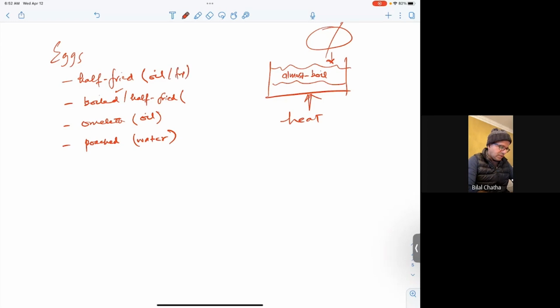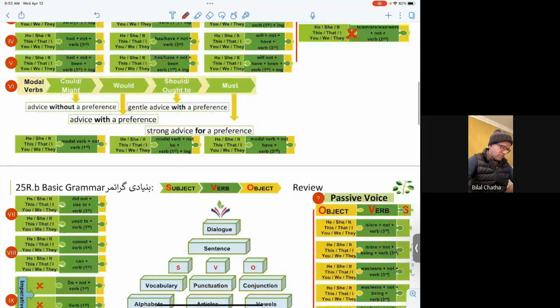So the mediums so far we have oil and water in these examples. Okay, I think let's move on to the next word.